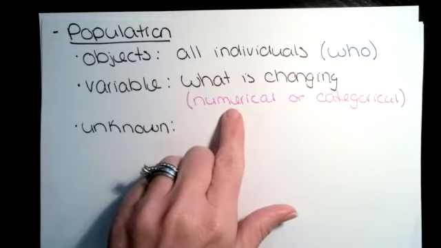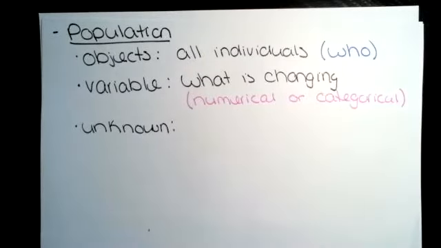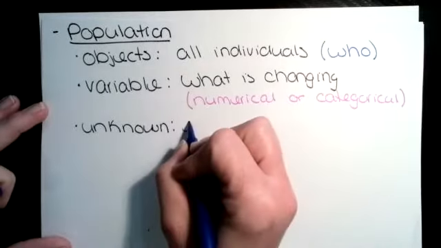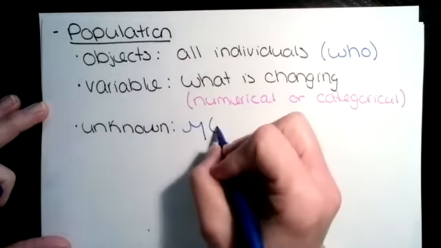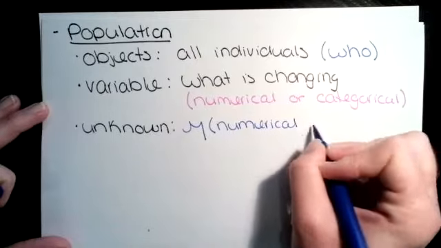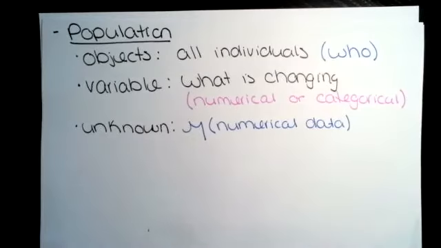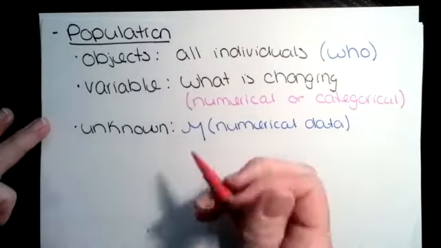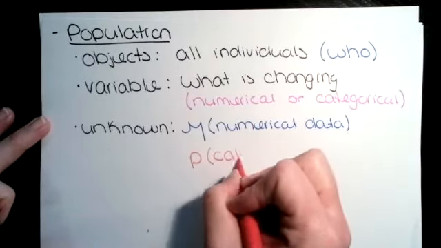So if it's numerical, it's the mean. If it's categorical, it's the population proportion. So here, our unknown will be mu for numerical data. Or it will be P for categorical.